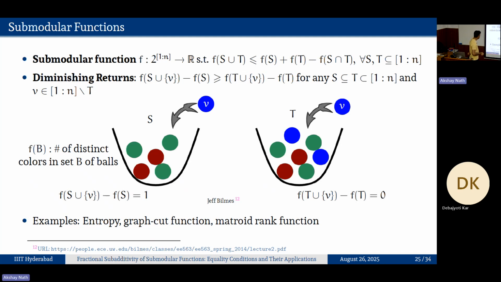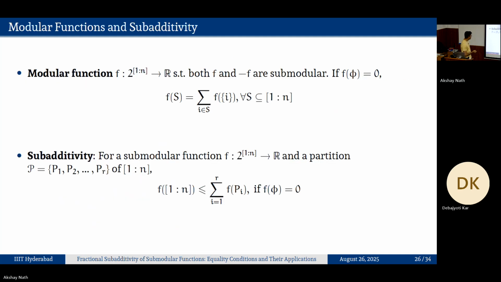There are multiple examples. Basically, entropy that we spoke about so far is a submodular function. When we have the inequality the other way, it is called supermodular. And when it is both supermodular and submodular, it's modular.